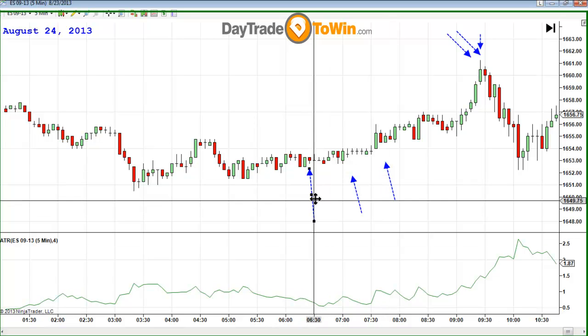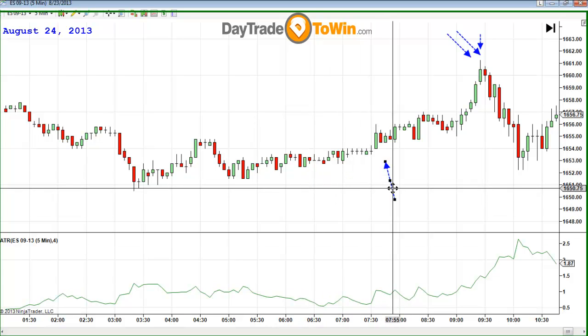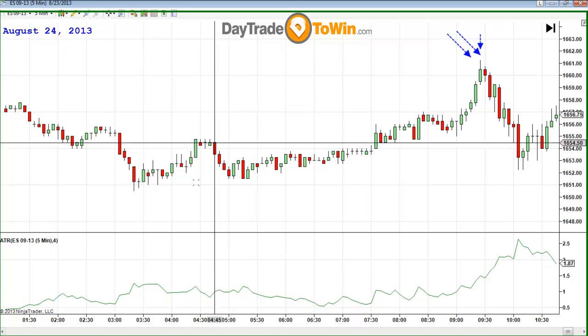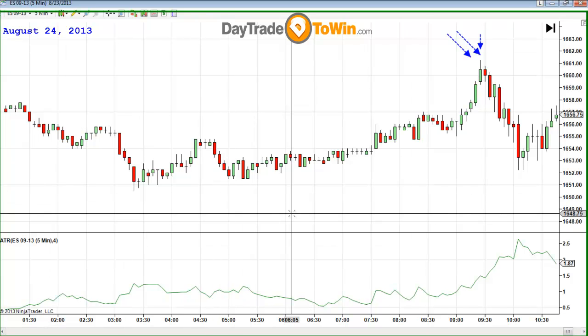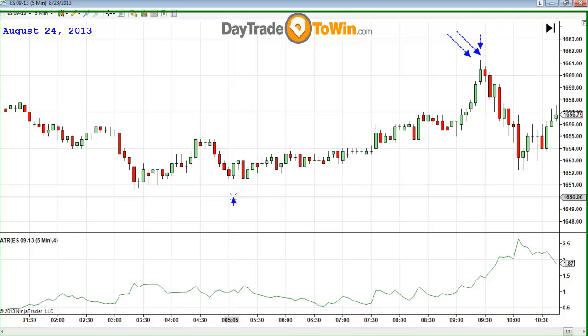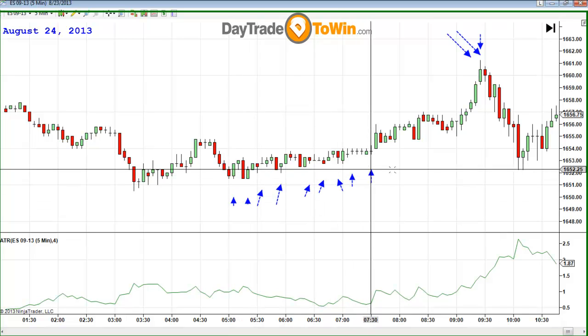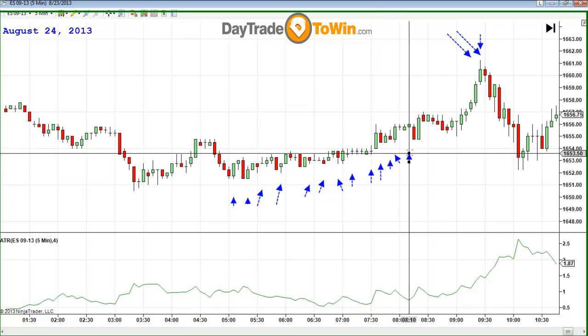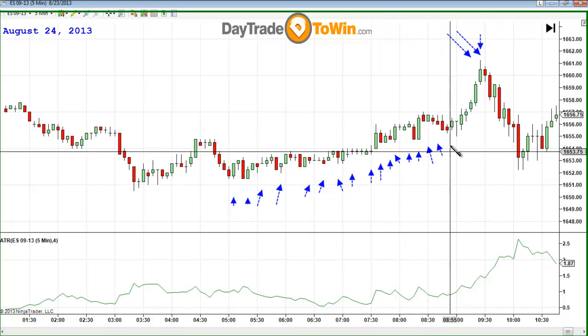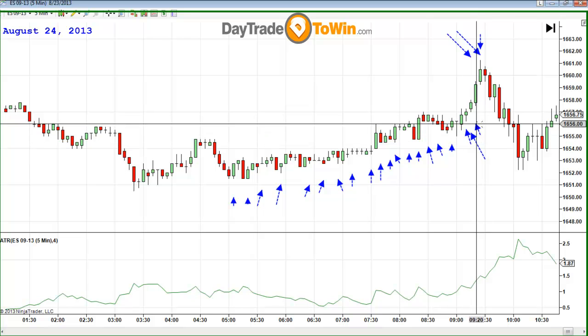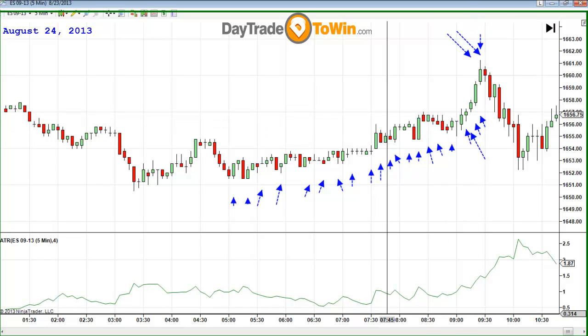So the way that many of the funds and the bots and all of these bigger players in the market work, they start going in 10, 10, 20, 50, 50, 50, 20, 10, right? As this market is moving higher and higher and higher, they're just buying, buying, buying in small increments.